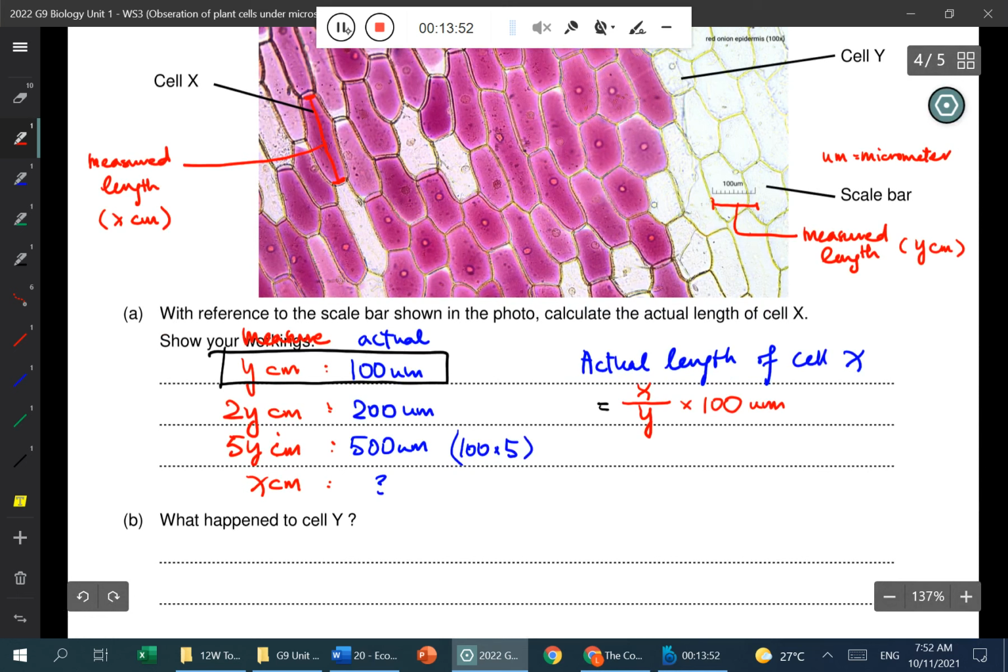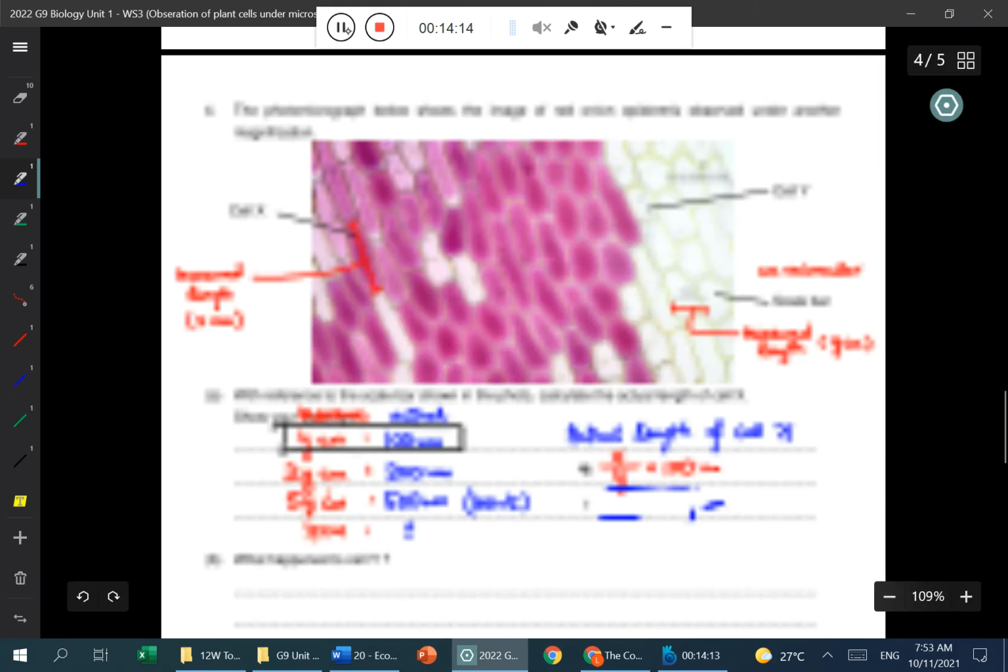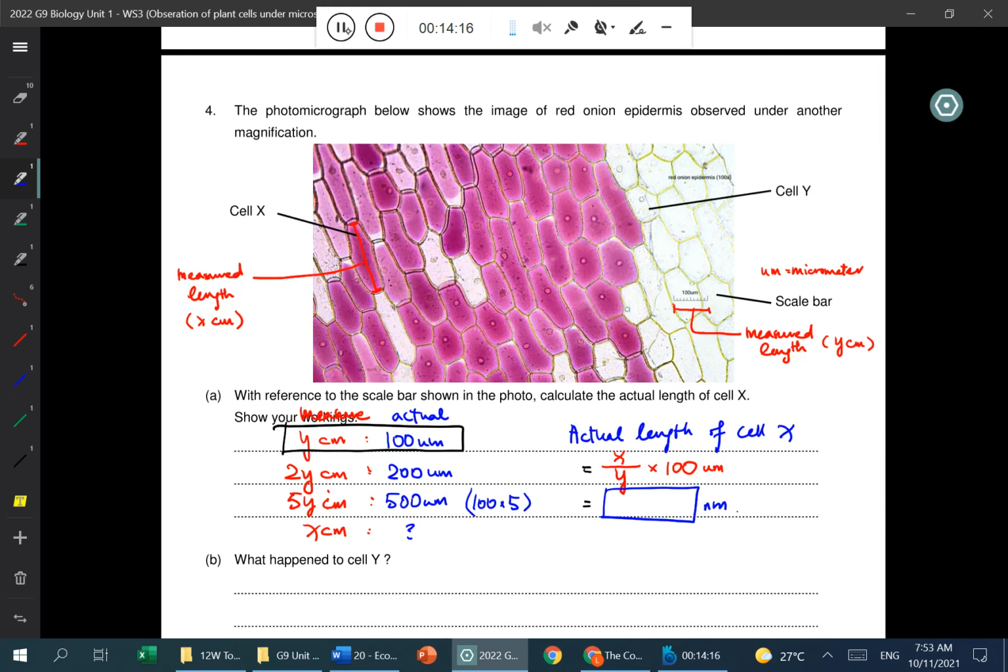OK, the actual numbers I hope you will work out by yourself. So I hope this calculation illustrates the general rules in working on magnification.